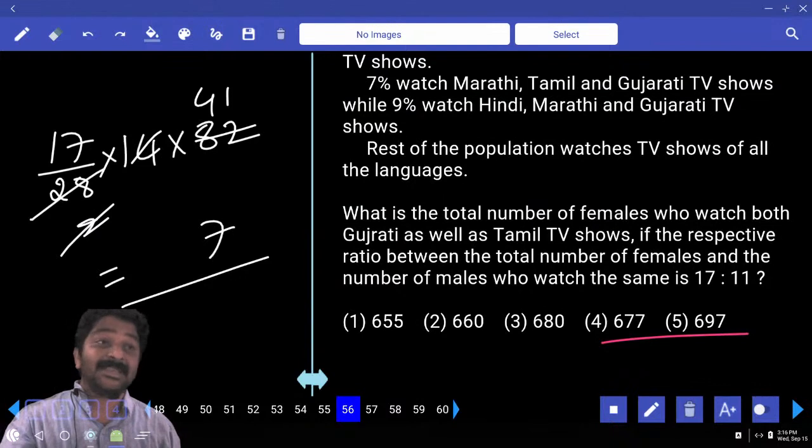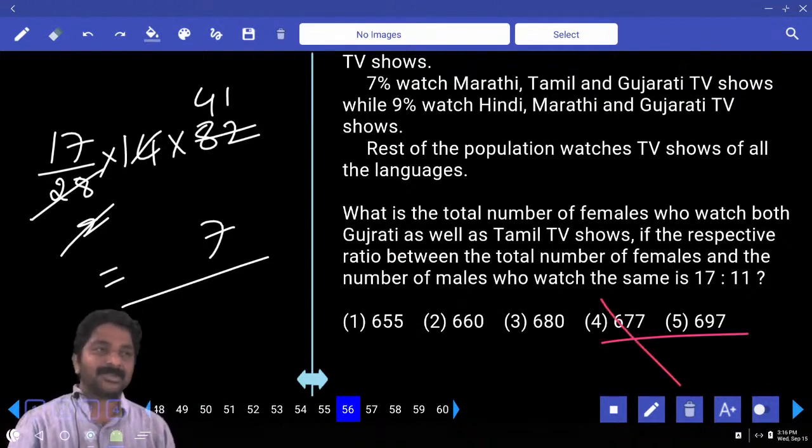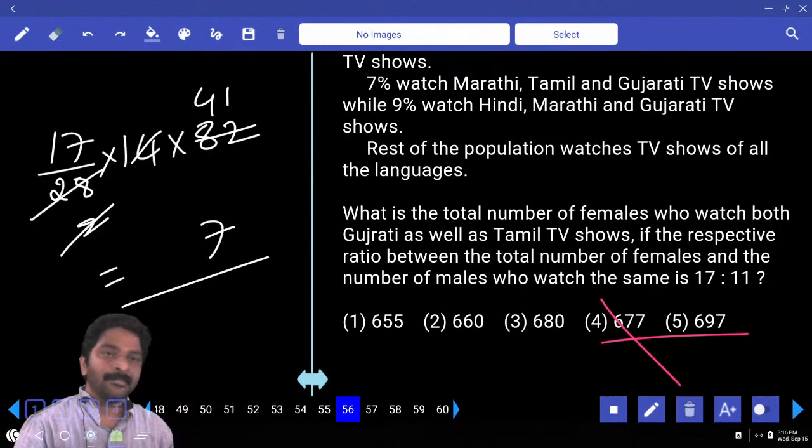Then 40 times is 680 only. And one more time we have to add. That means answer must be more than 680. That cannot be 4th option. 5th option final. Got the point? I did not add. I know that answer is more than 680 and that is enough for me to answer my question.